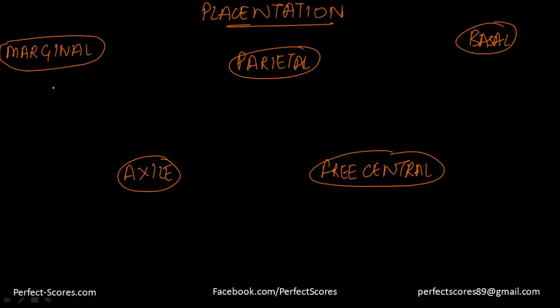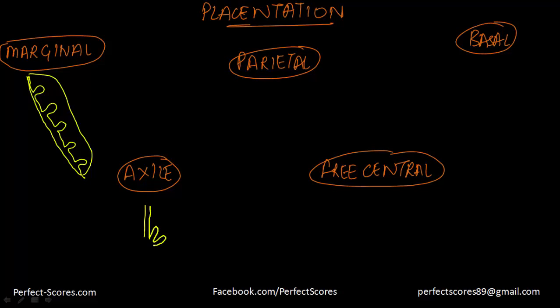Now marginal is just like in the case of pea. So you have these ovules that are arranged in a stalk-like structure in a kind of a line, and then this is the cover on it. So that is marginal. Now what happens in case of axile is it's just like the axle of a car.